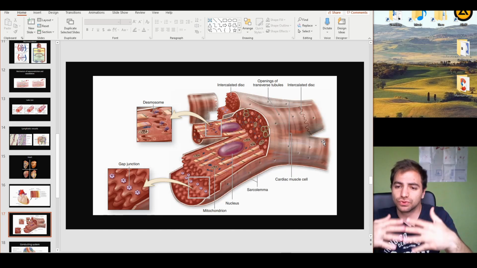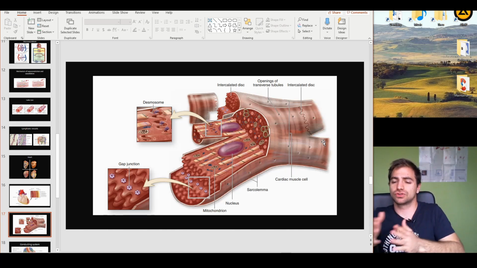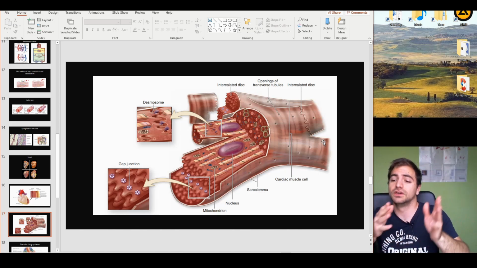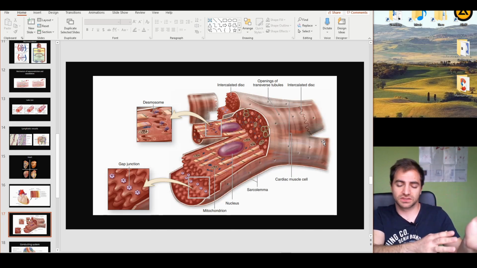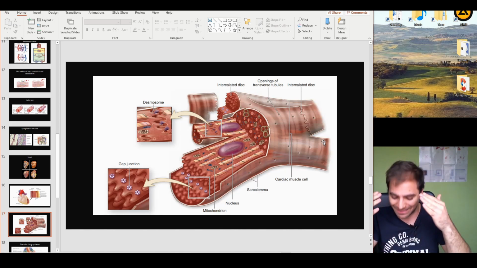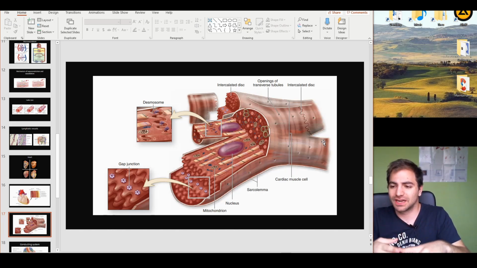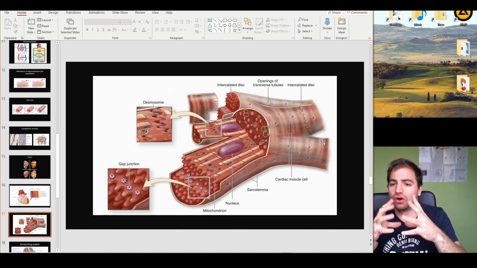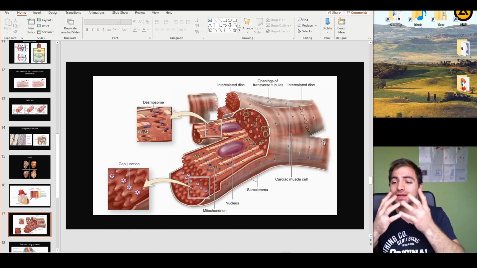So it is important that we have the electrical propagation of the signal from one cardiac muscle cell to the other through the gap junction. In other words, the gap junction ensures the rhythmic contraction of the whole ventricles, the whole atria, and the whole heart as a unit.